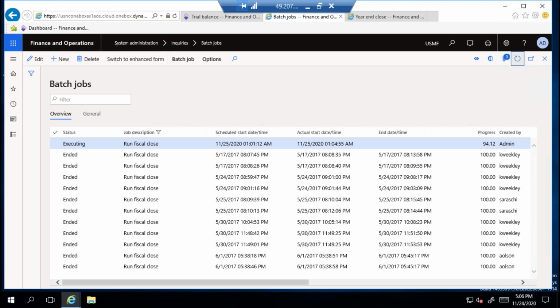From this onwards, it will be a little bit slower. It will take some more time to reach 100%. Today it is 25th of November, I'm executing on 25th of November. From here, it will take a little more time to complete.